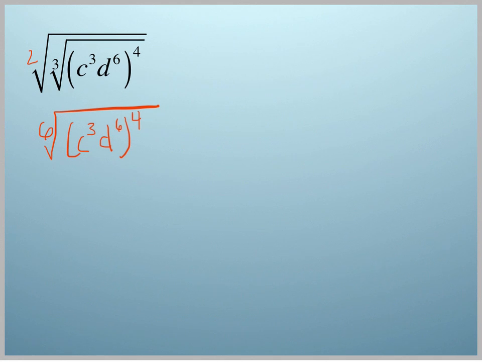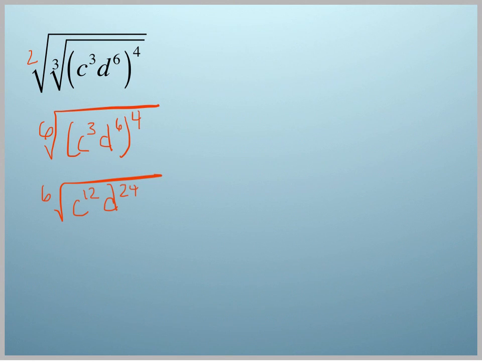Now, we're going to build on our exponent properties that tell us you need to distribute that 4 to both terms inside the parentheses. So if I go one more step before we simplify, we're going to get the 6th root of c to the 12th, d to the 24th.